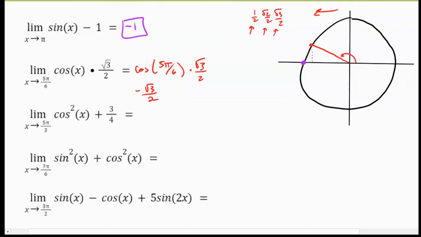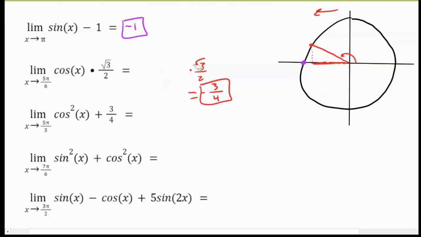And this is going to be the long side of a 30, 60, 90. So in this one here, since I'm dealing with the x value or the long side, I got negative root 3 over 2. Now I need to multiply that by root 3 over 2. Root 3 times root 3 is 3. 2 times 2 is 4. So my value of this limit is going to be negative 3/4.